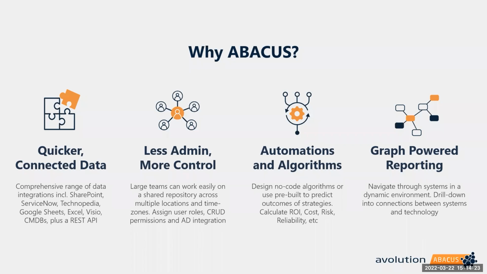So the cost of a system might aggregate up and down the model. The resiliency of a piece of infrastructure might affect the processes that run on the systems on that infrastructure. And these algorithms, based on AI and machine learning, become a pivotal part of why ABACUS becomes the tool of choice.